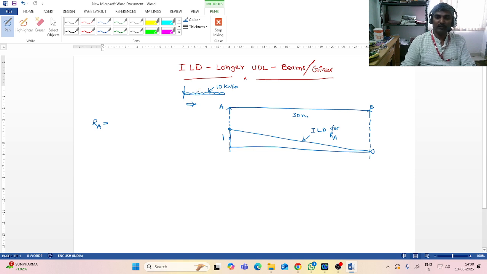Now instead of 1 unit, you have a load of 10 kilonewton per meter, which is more than this 30 meter span, traveling on this AB.